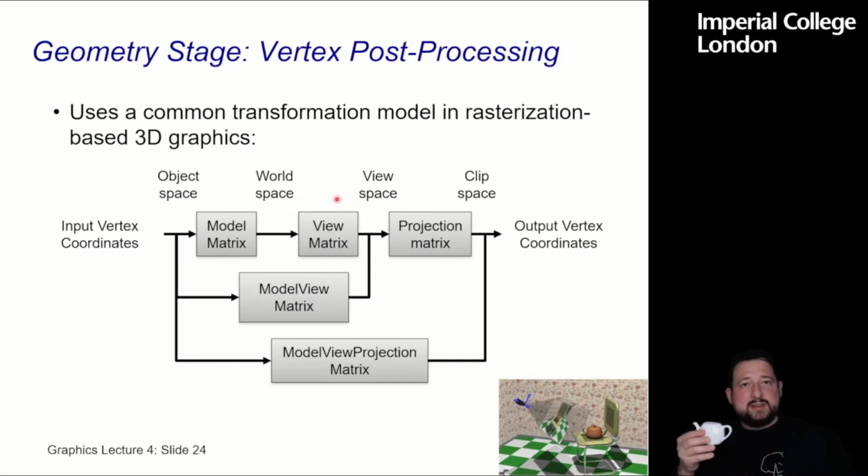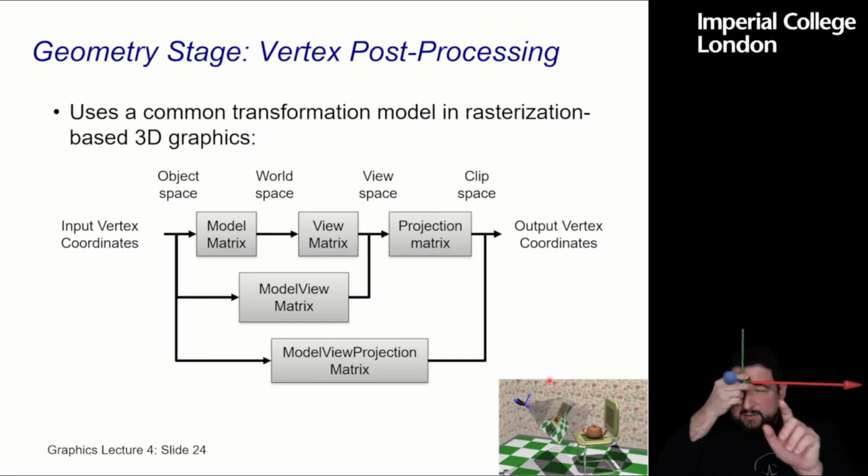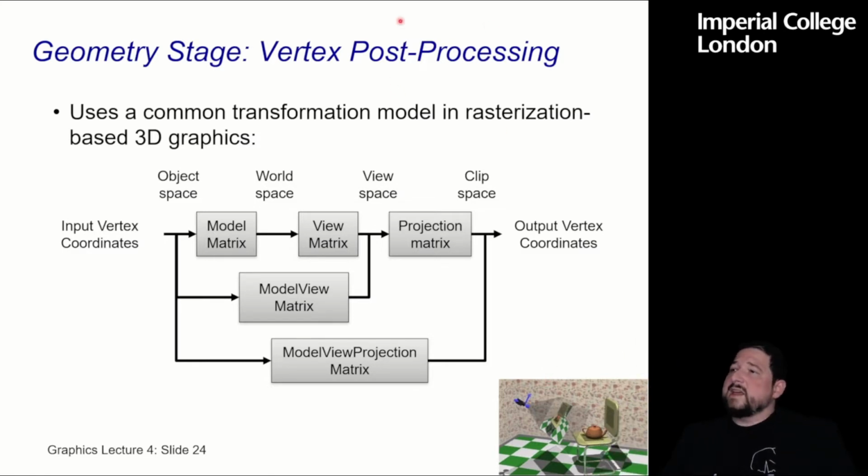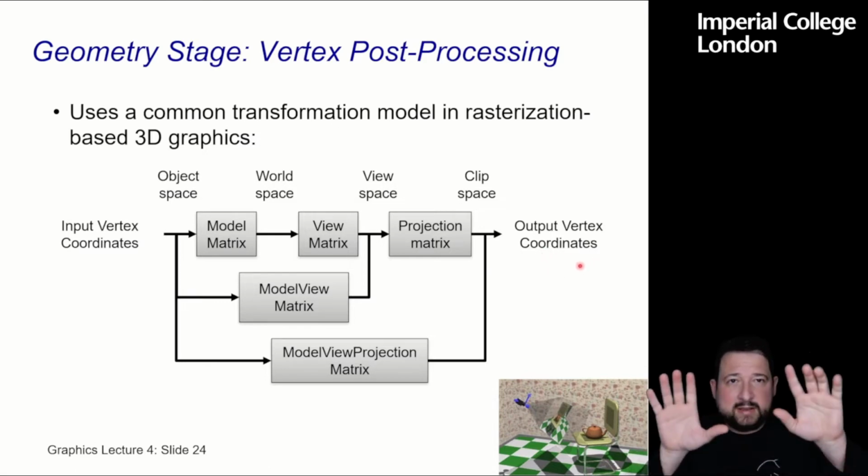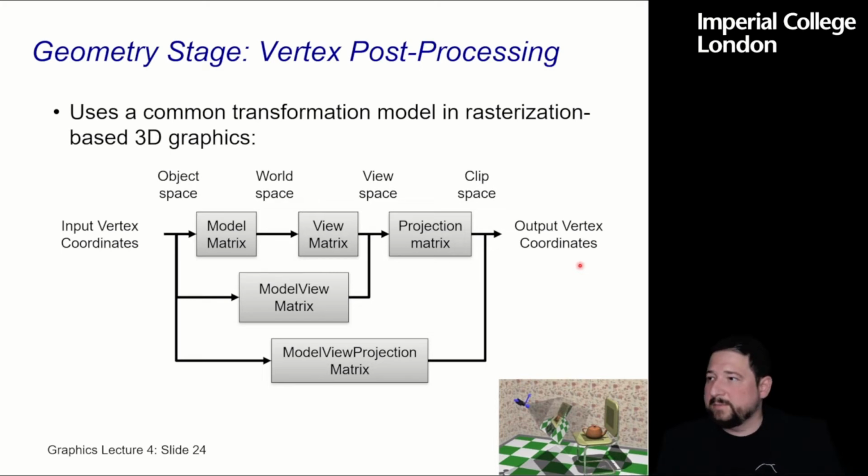And if we multiply this with the view matrix, then we end up in view space, where the origin is at my eye point, and I look down the z-axis. And then if I multiply this with a projection matrix, I end up with the output vertex coordinates on my plane, right? Every single pixel you see here.